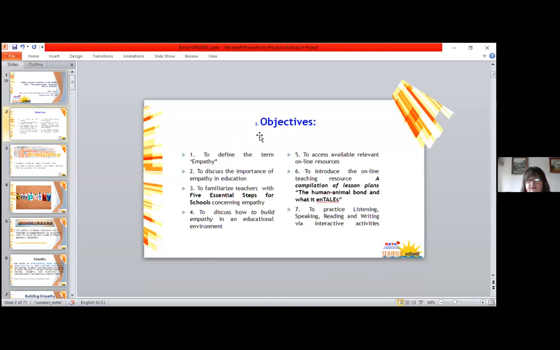You can see on this slide the objectives, and actually this is the agenda, what I'm going to do during this presentation. Very little theory, so we'll discuss two definitions of empathy, but I will ask you to look at them from the point of view of the vocabulary as well, because it is very helpful to my mind. And we'll discuss the importance of empathy.